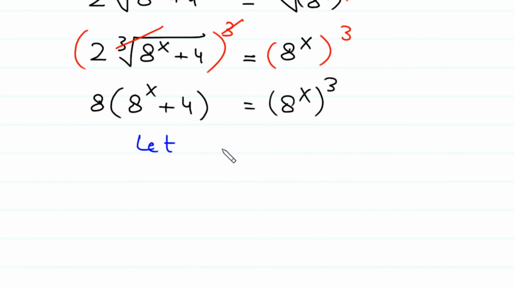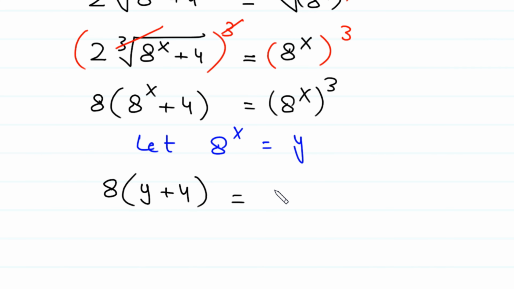Then this equation becomes 8 times y plus 4 is equal to y cubed. Next, 8 times y, 8y plus 8 times 4, 32, is equal to y cubed.